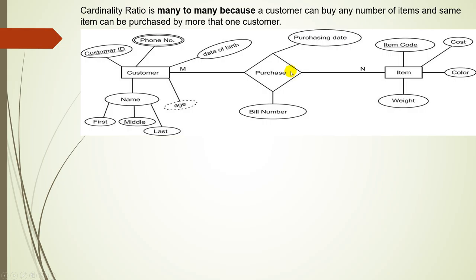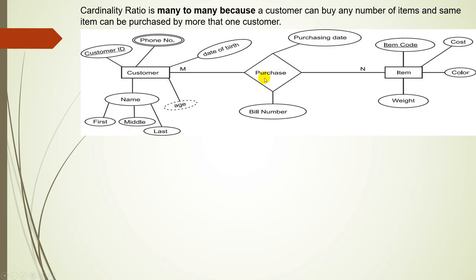I need to relate both of the parties, both of the entities, via an intermediate table or relation. So if I define 4 fields for this table, one as a customer ID, the second as an item code, and then a bill number and purchasing date.